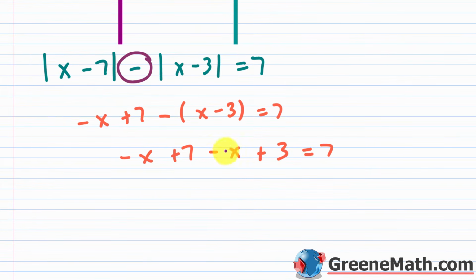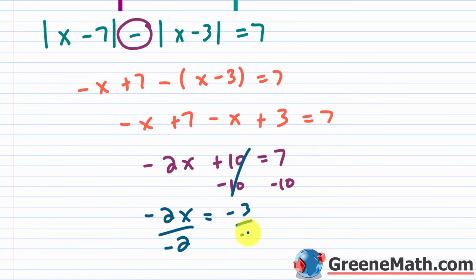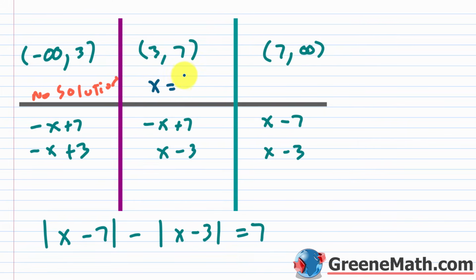So negative x minus x would be negative 2x, and then 7 plus 3 is 10, so plus 10, and this equals 7. So let's subtract 10 away from each side. Let's cancel this. You get negative 2x is equal to 7 minus 10 is going to be negative 3. Let's divide both sides by negative 2. This cancels, and you're going to get x is equal to 3 halves. So let's put x is equal to 3 halves. 3 halves, or 1.5, is to the left of 3 on the number line. So this is not going to work. This has to be rejected.